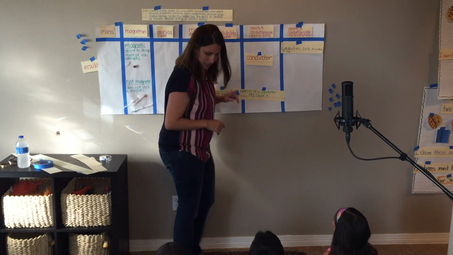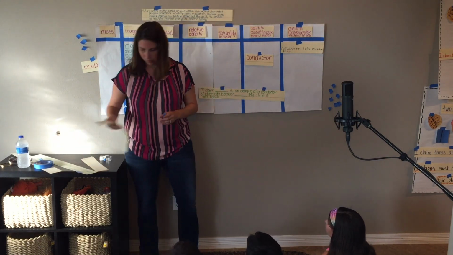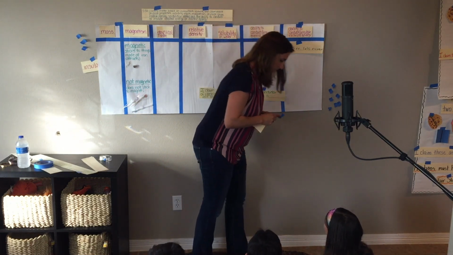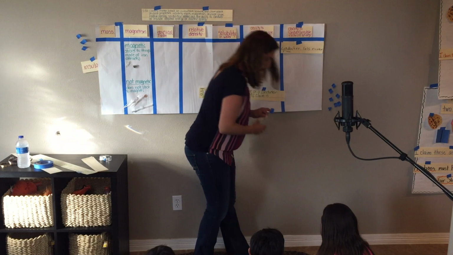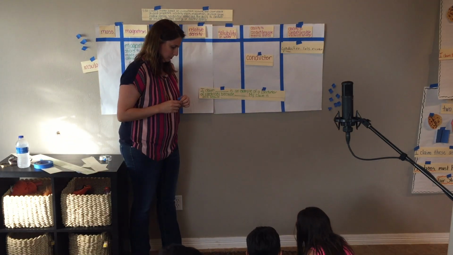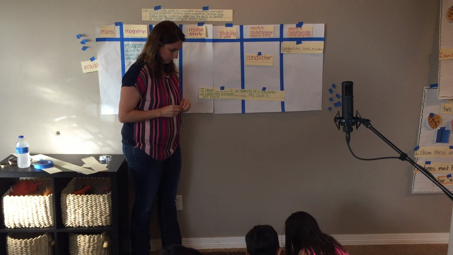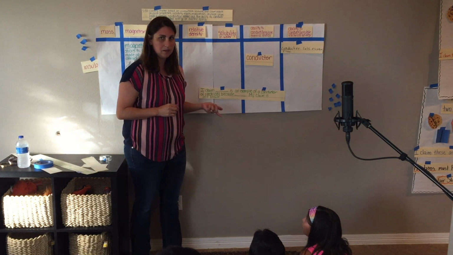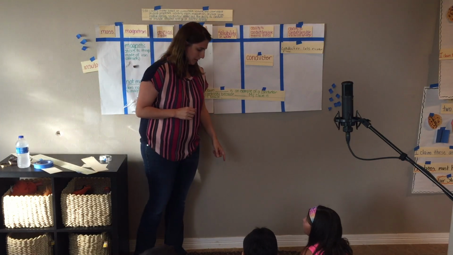Perfect. And you know what? We need to add that to our chart. Can you write the word metal? M-E-T-A-L. And so now Maddie's never going to forget that metal is a conductor.